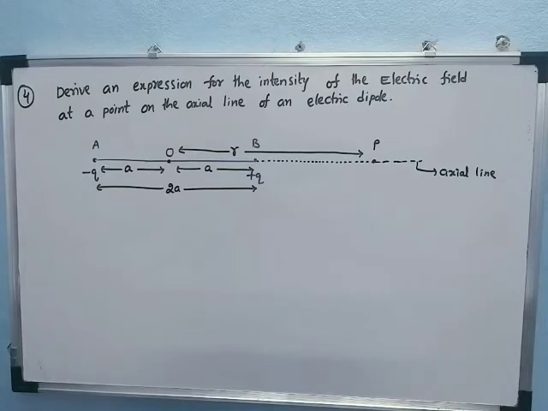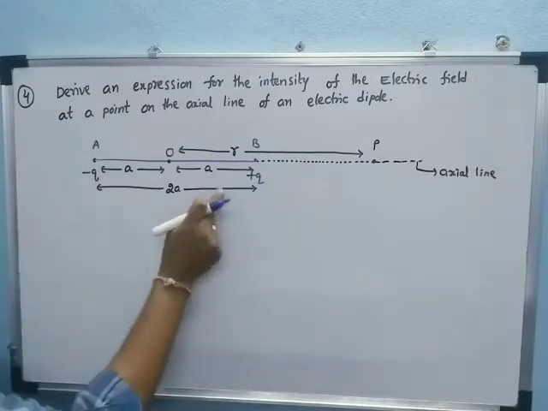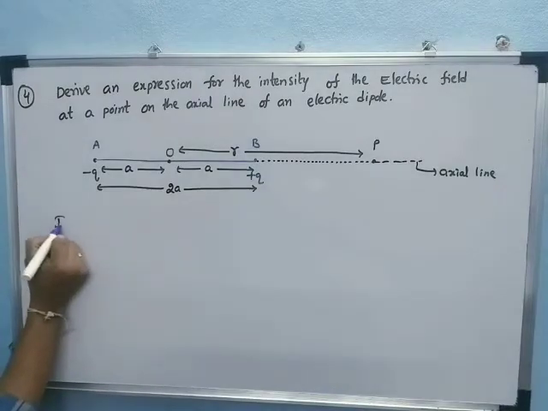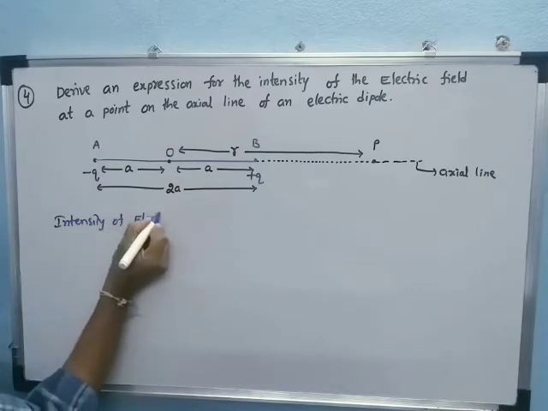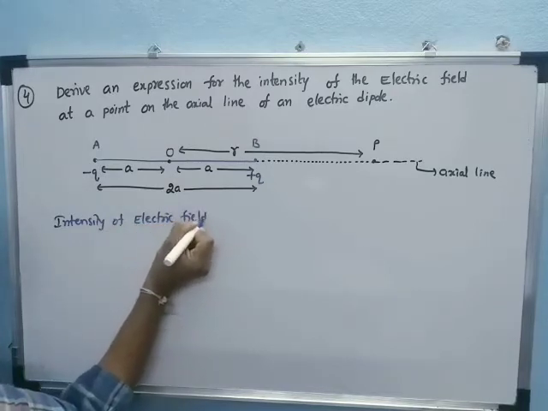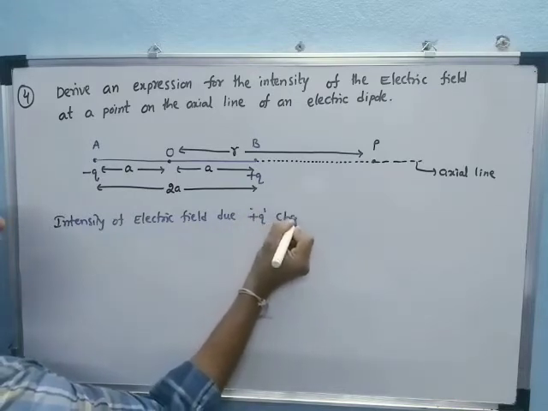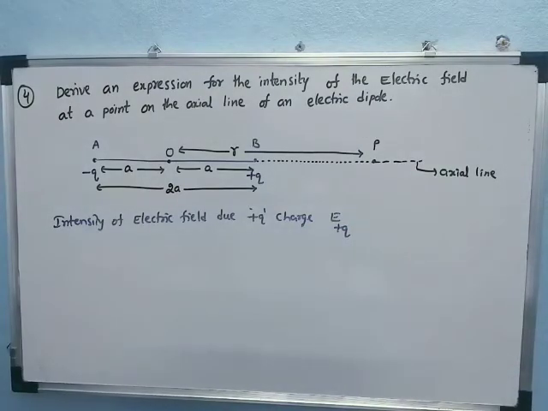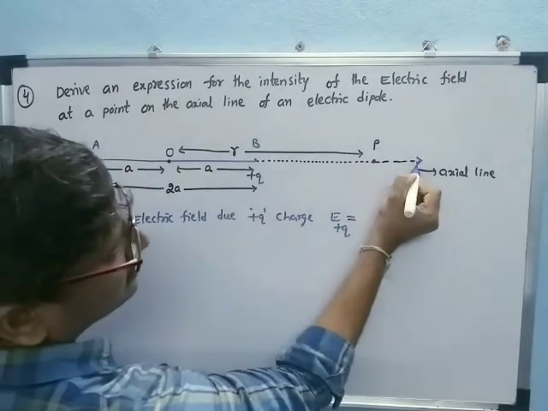Then we can find the intensity of electric field due to the negative charge and due to the positive charge at P point. First, the intensity of electric field due to the positive charge, E plus Q. That is the positive charge, the positive repulsion, this is the direction.